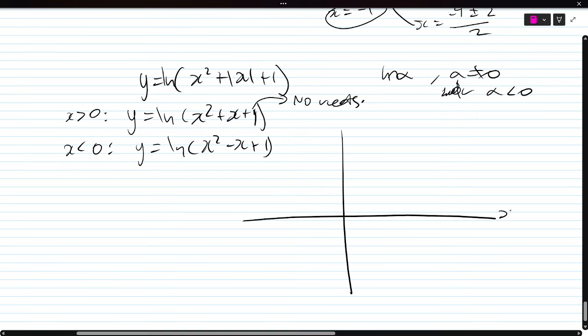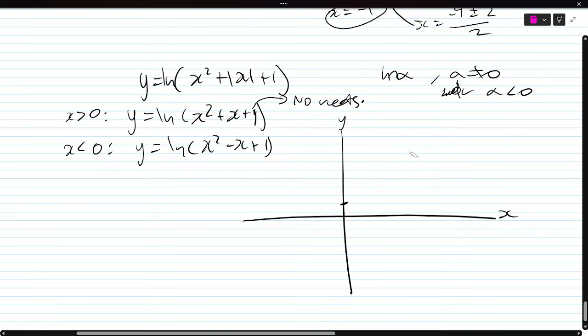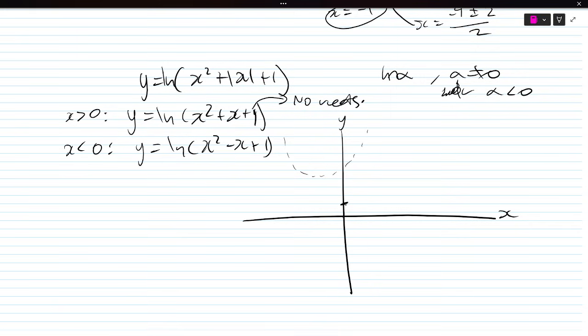So if I draw my graph here, for instance, this is going to be ln 1, and it's going to look something like this. No, actually, I'm not exactly sure. I need to draw my graph. Yeah, it will look something like this. This was completely useless.